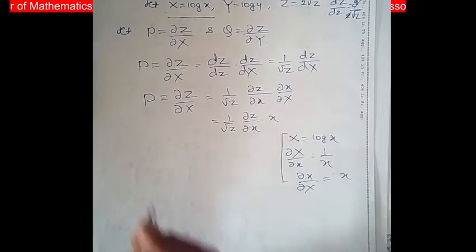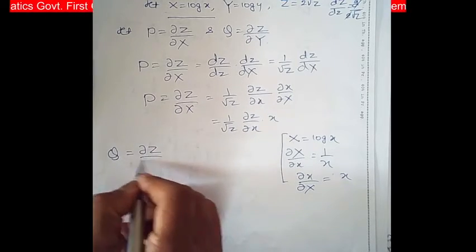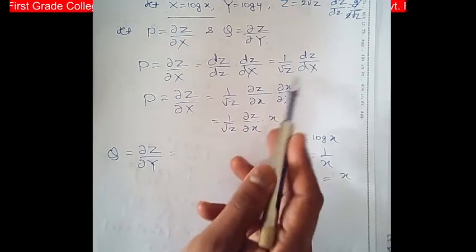Similarly, we find capital Q. So capital Q is equal to dou capital Z by dou capital Y. Now again what we do, we apply the same technique here.